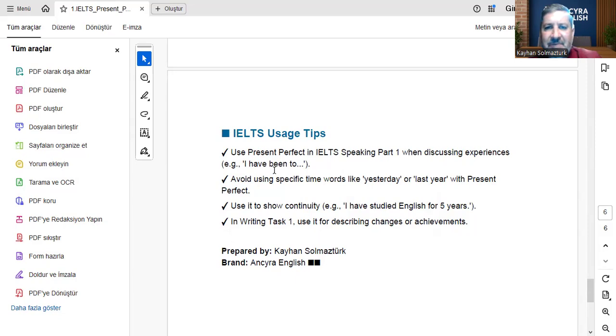I have been to Spain 3 times. So it's about experience. For example, I have been to Spain 3 times since I graduated from university, from college, right? So "I have" means you started traveling to Spain.